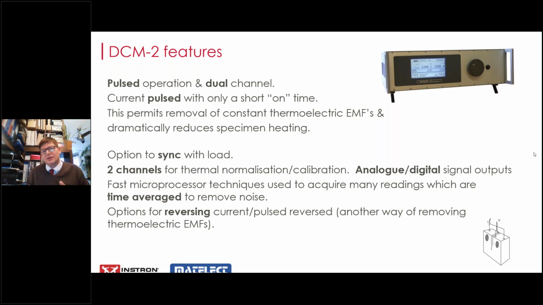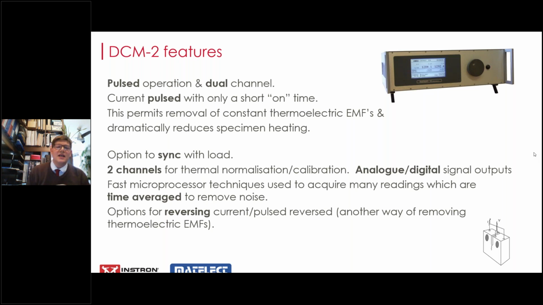As you reduce the current flowing in your specimen, the amount of voltage developed becomes smaller. And Matelect's equipment supplies just 50 amps. But that means that the voltage which we have is in the order of no bigger than 4.5 millivolts.